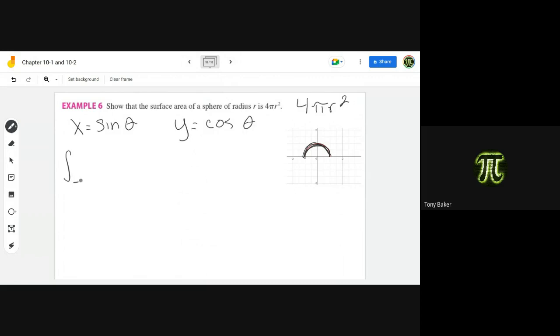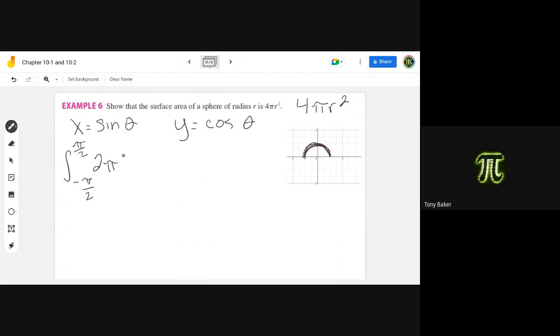So we're going from negative pi over 2 to pi over 2. And we're rotating this around the x-axis, right?